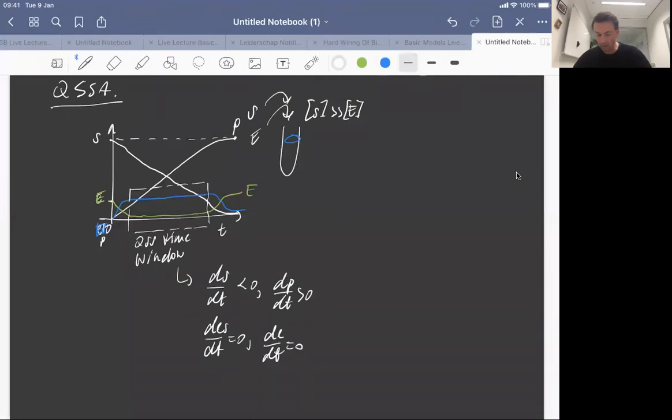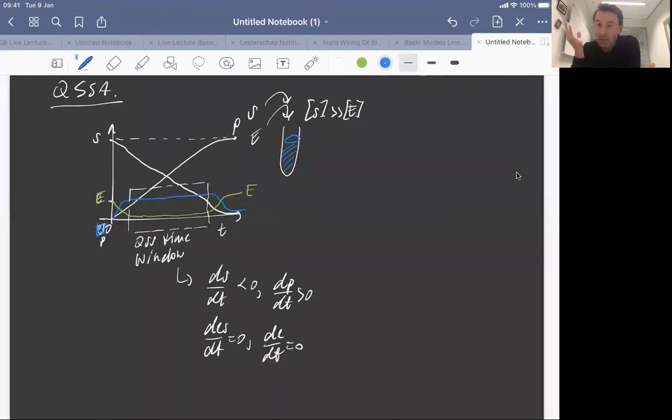And that's only possible when we have an excess of S over E, because then whenever there is one product molecule formed, the substrate concentration is decreased a little bit, but not to the extent that less enzyme substrate complex is being formed.